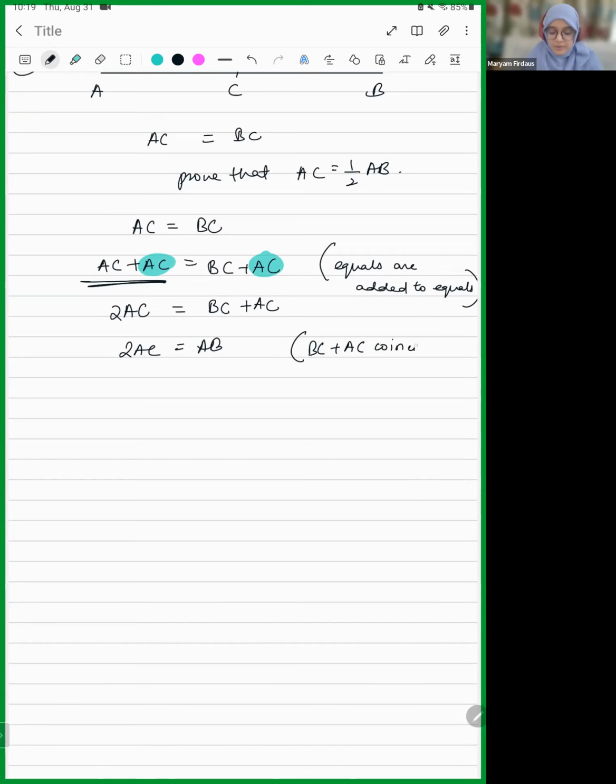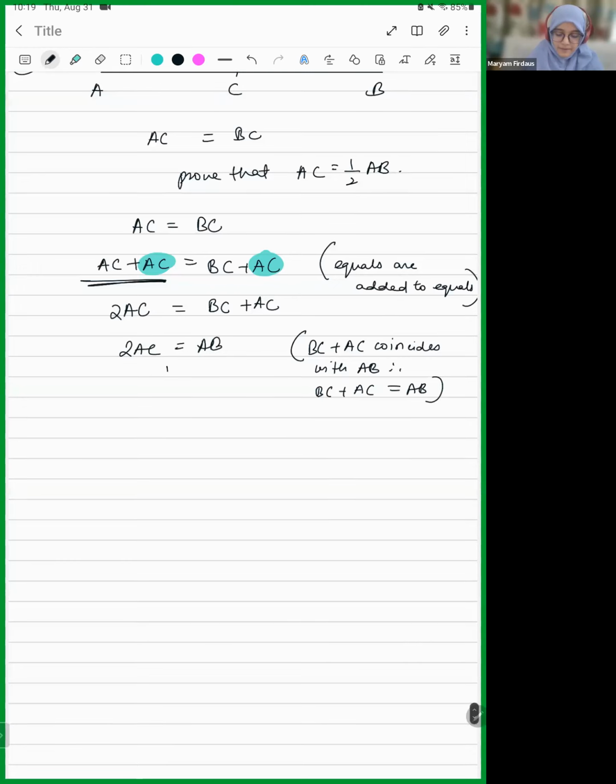So it will be equal to AB, okay? Therefore, BC plus AC is equal to AB. Fine. Any doubts still here? Now over here you can say AC is equal to half of AB. Fine.